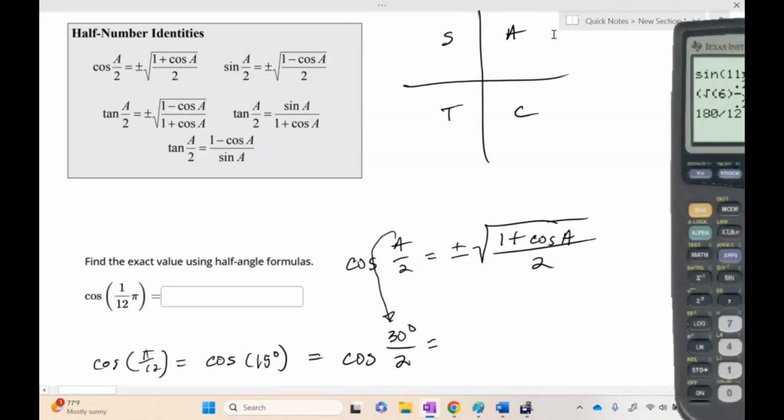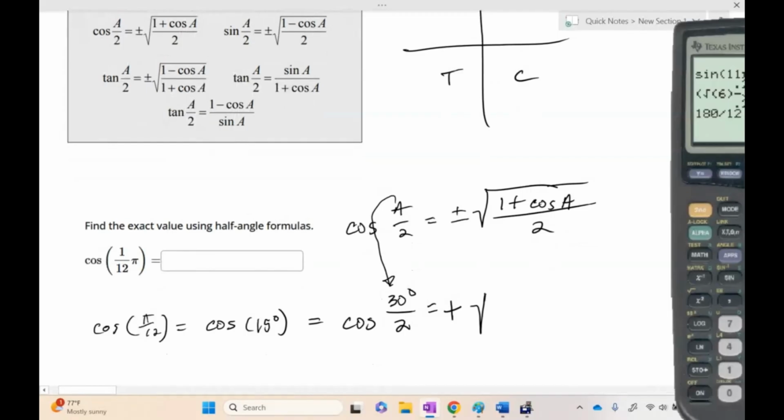Well, in the first quadrant all six trig functions are positive, so I'm going to use positive. That's the first thing. You've got to establish where your angle is, and then you can use All Students Take Calculus to find out if it's positive or negative. So I know it's positive because 15 degrees is in the first quadrant, and the cosine values in the first quadrant are positive. So establish your sign.